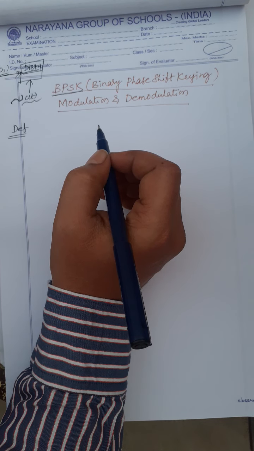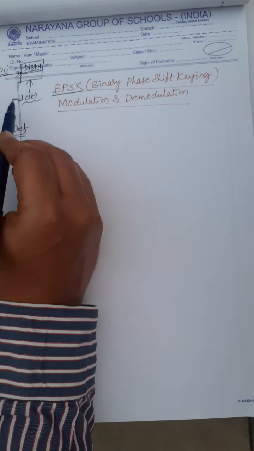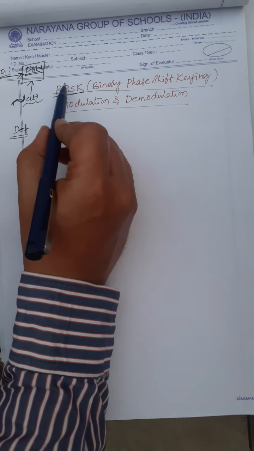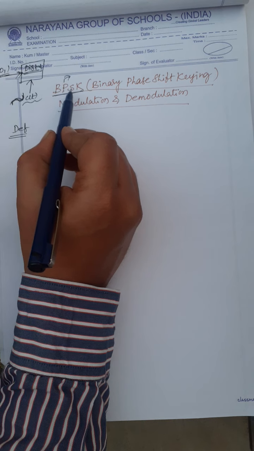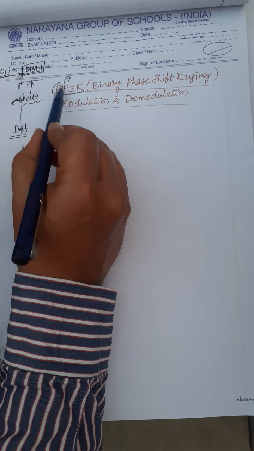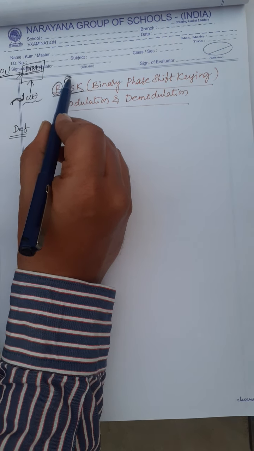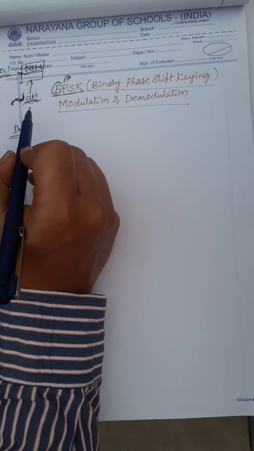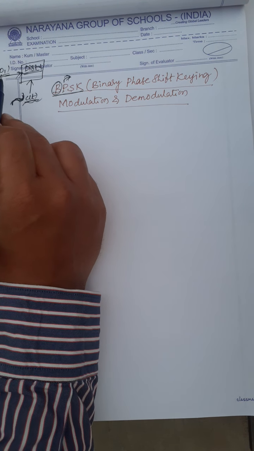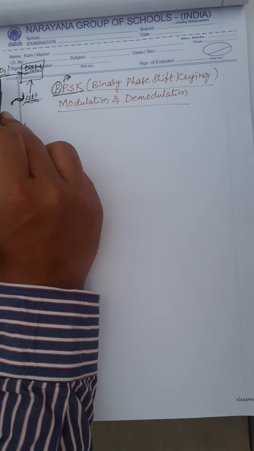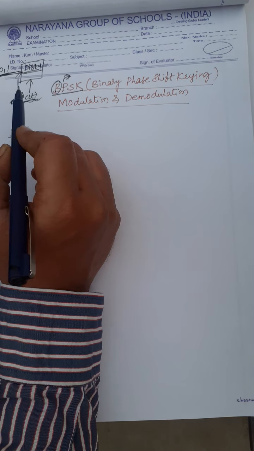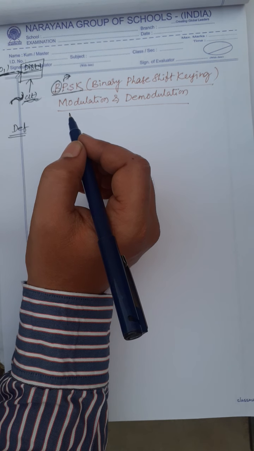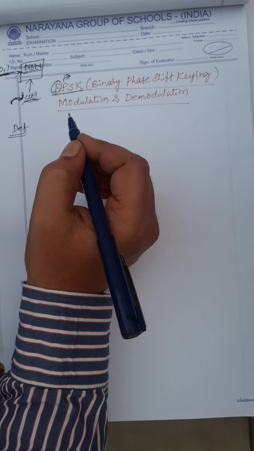Once again I am repeating: it is a process in which the phase of the carrier signal is varied according to the input data signal, keeping frequency and amplitude constant.